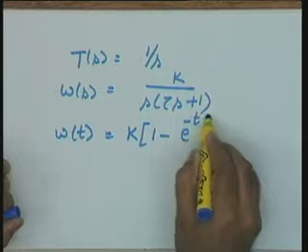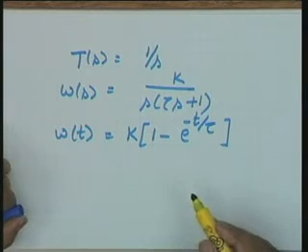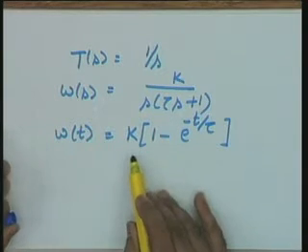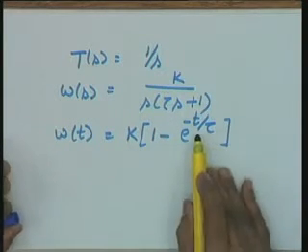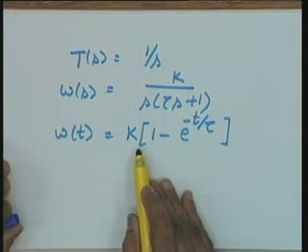this could easily be verified that this is going to be the expression as far as the time response is concerned. Look at the system gain please. K is a parameter. As t tends to infinity, the speed omega becomes k.